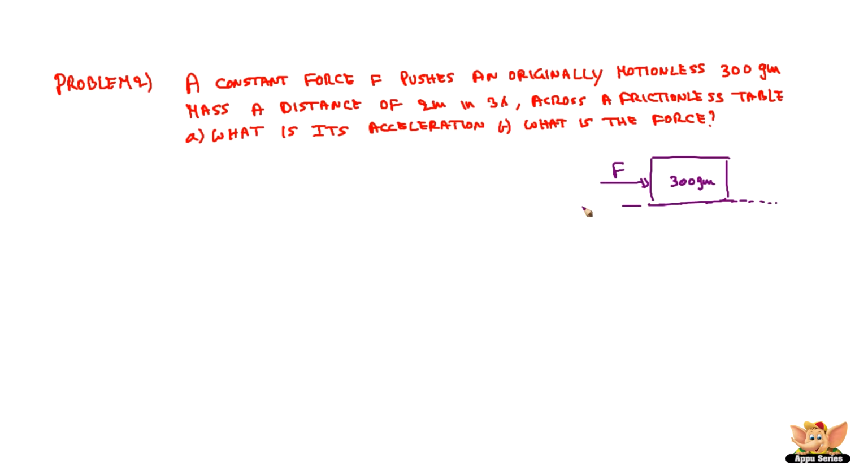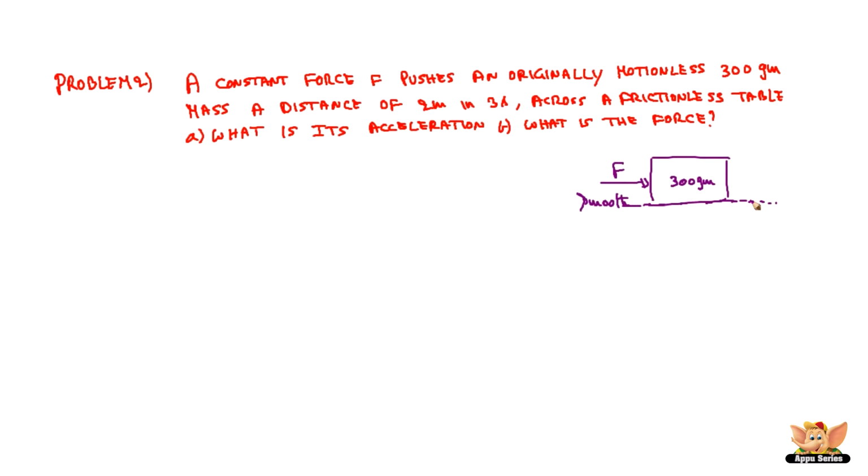The surface is a smooth surface. That means there is no friction. He says frictionless surface. So whenever there is friction, then friction force also acts on it and it may reduce the acceleration, by which the force applied also changes. Whereas this is a frictionless table, so that's not an issue.